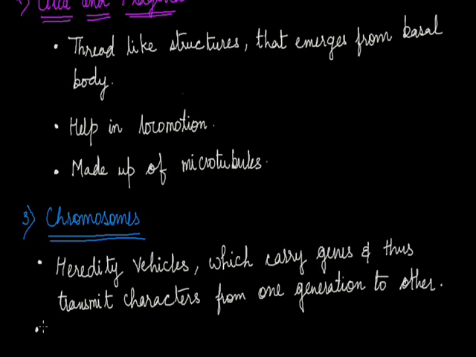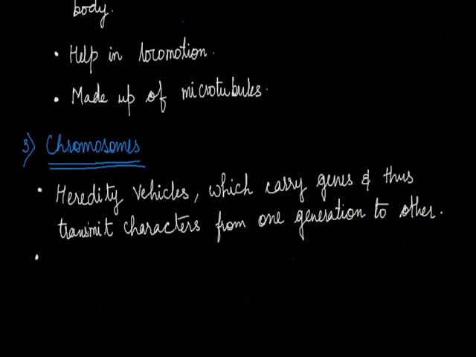So chromosomes lie in that form during the non-dividing phase, but when the cell is in dividing phase, when it is ready to divide, then these thread-like structures get condensed and take a particular shape and structure, and that is called a chromosome. When these chromosomes lie as a thread-like structure, that is called chromatin network. So we can say they are thread-like structures.